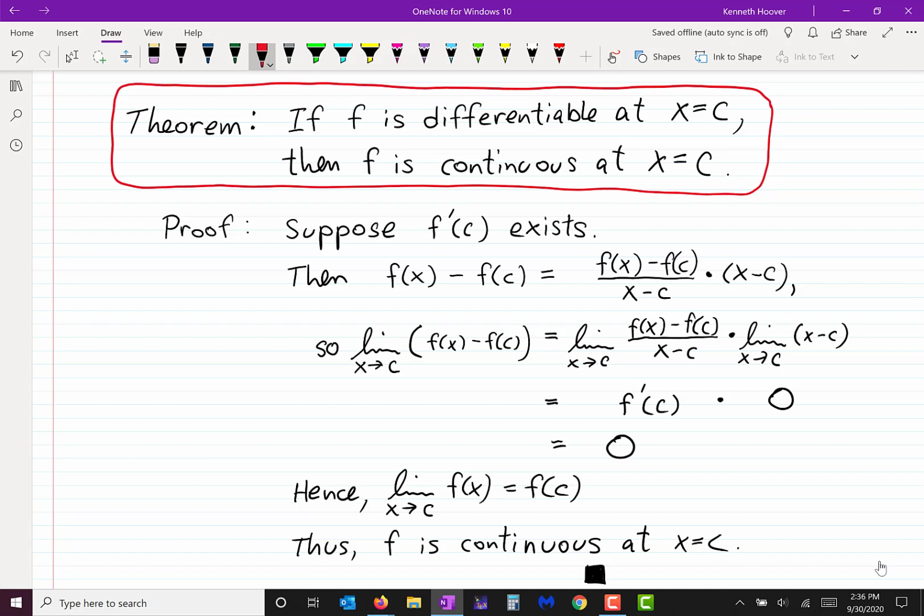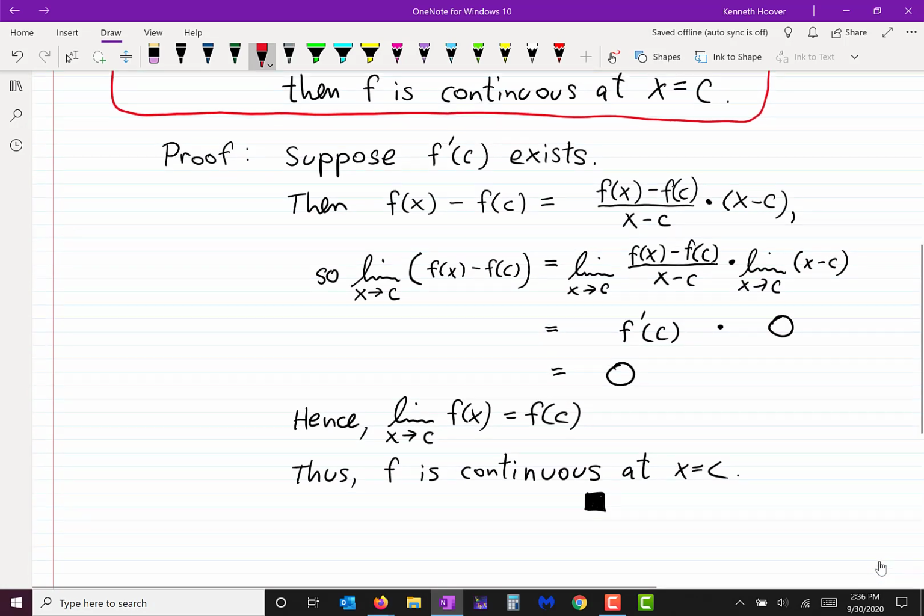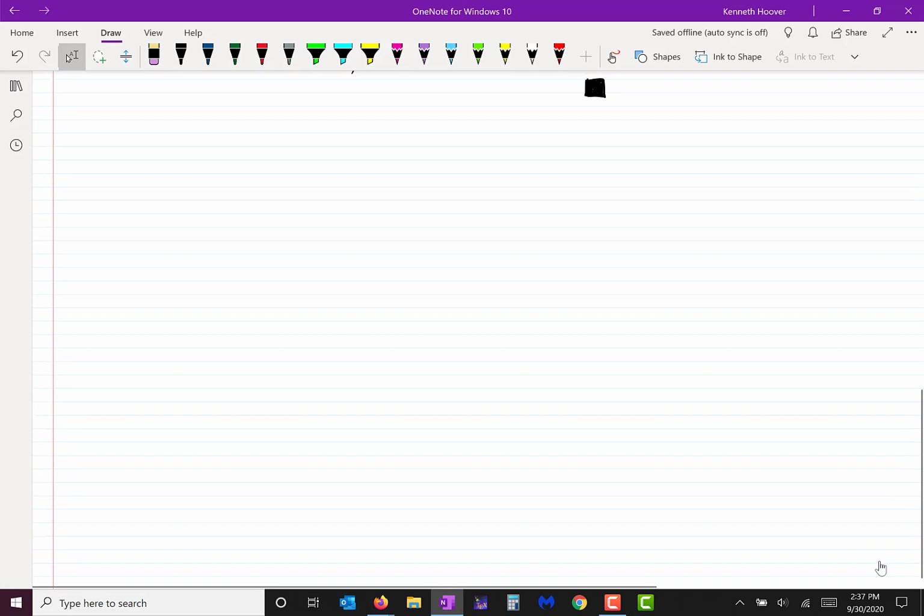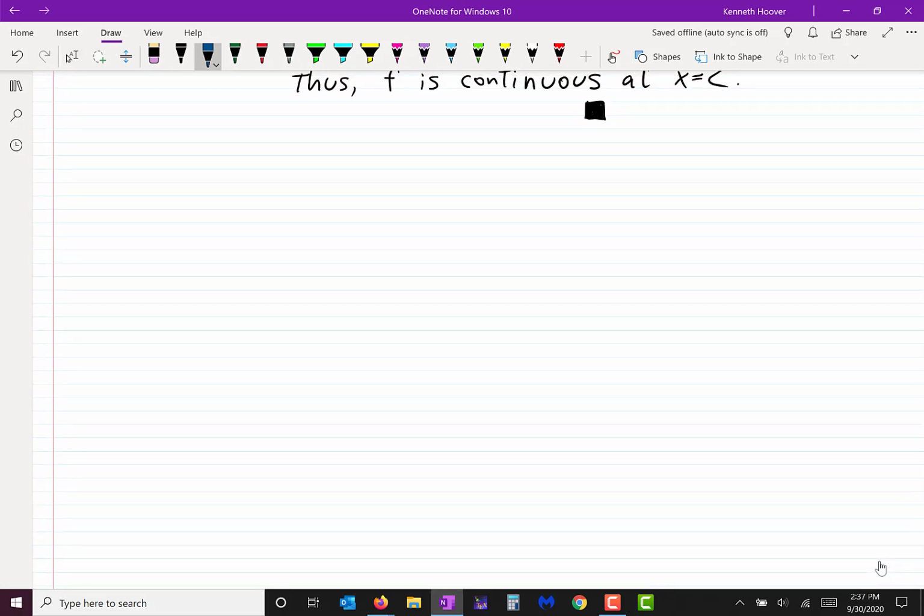Now, if you just flip that coin over, what does that tell you? The other side of that coin is, if a function is not continuous at a location, then it can't be differentiable. And that's the first thing that I really wanted to get to here.